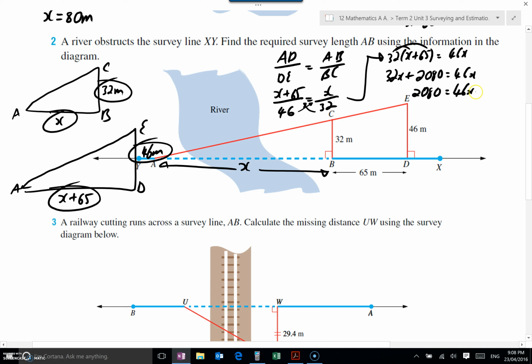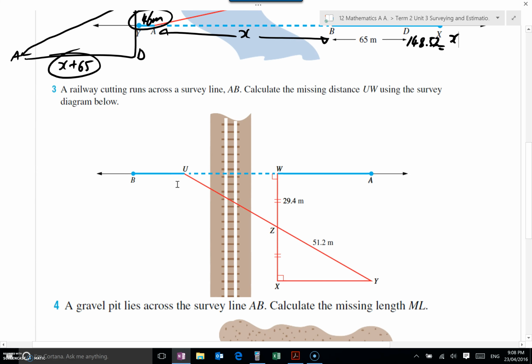So from that 46x, I'm going to take 32x. End up with 14x here, and to get x by itself, we'll divide by 14. End up with 148.57 meters. That's probably the hardest one of these problems that there is.